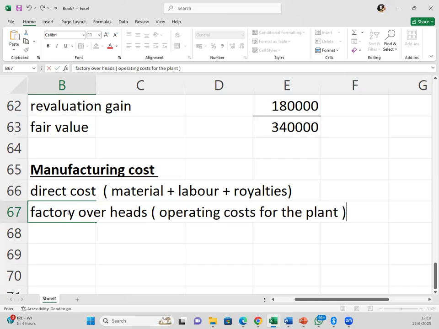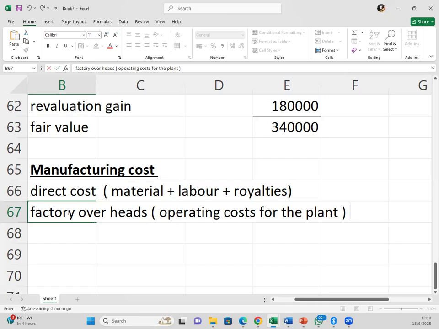The assumption is that if we are operating a manufacturing and a trading department, the plant and machinery is used in the manufacturing department. Unless they've mentioned otherwise, we assume that the plant and machinery is used in the manufacturing department.